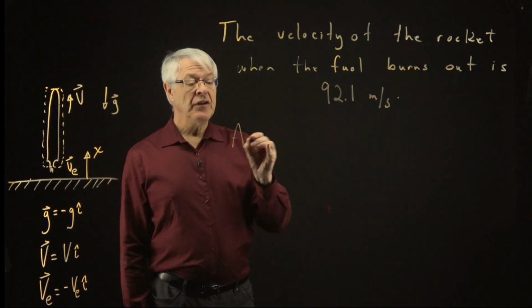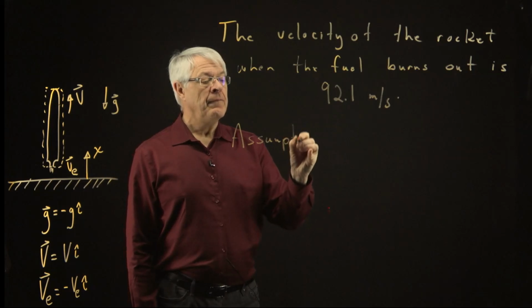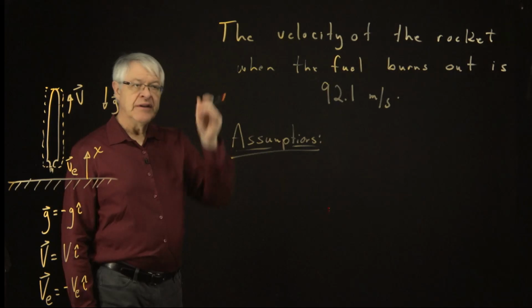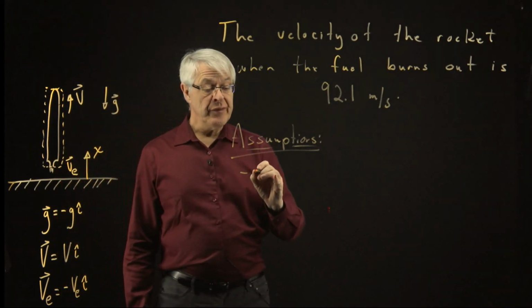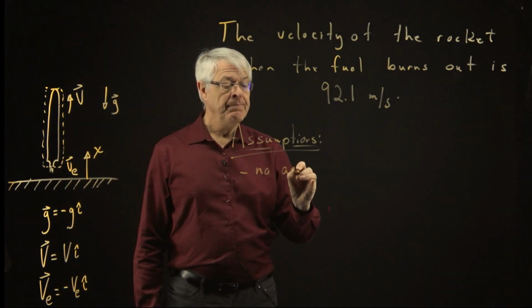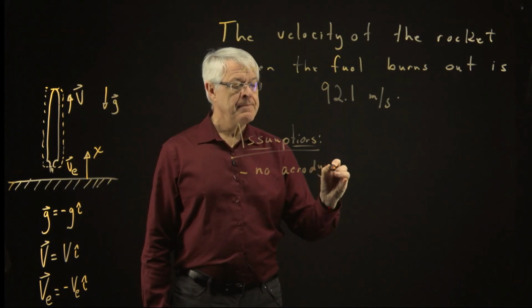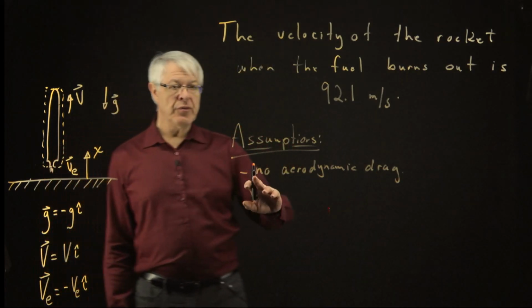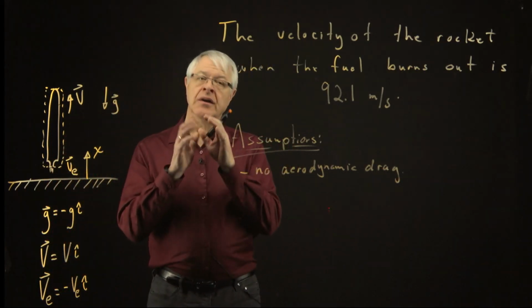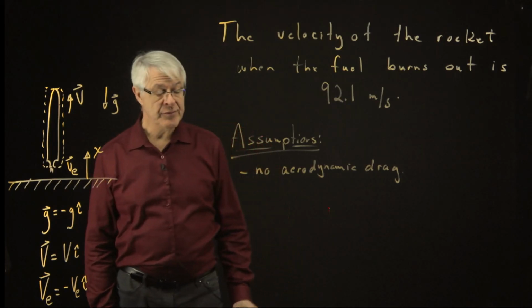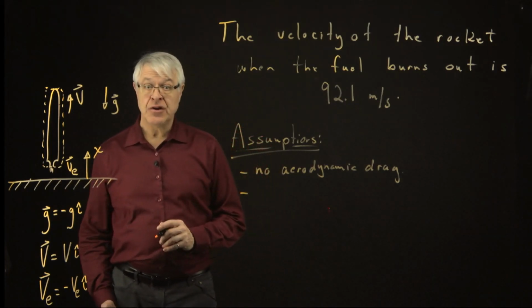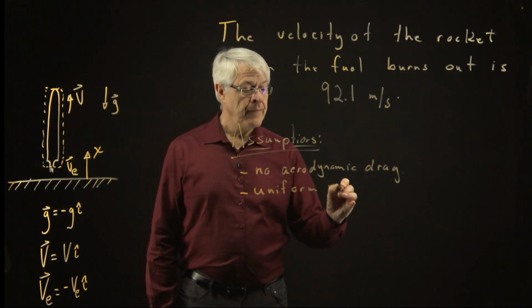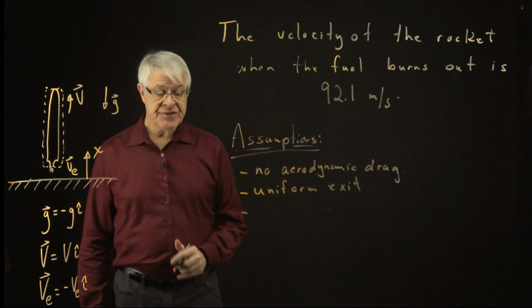So the assumptions we made along the way, if we think back to when we went through the linear momentum equation: first assumption we made there was no aerodynamic drag. Remember, no aerodynamic drag eliminated the pressure and the viscous force term on the left-hand side of the momentum equation. We also said that there's uniform flow at the exit, so this is a uniform exit. And it had constant mass flow rate.